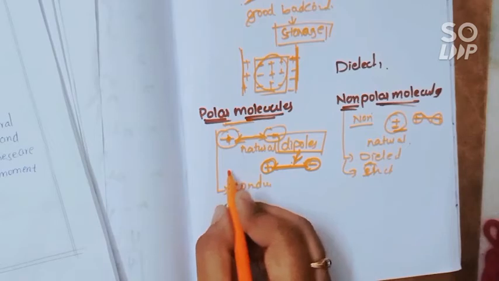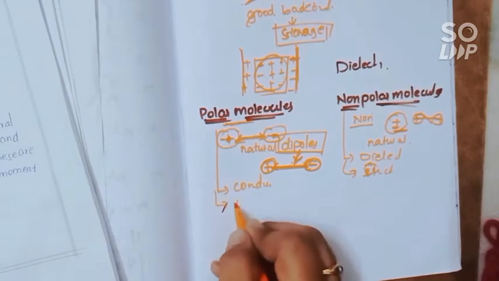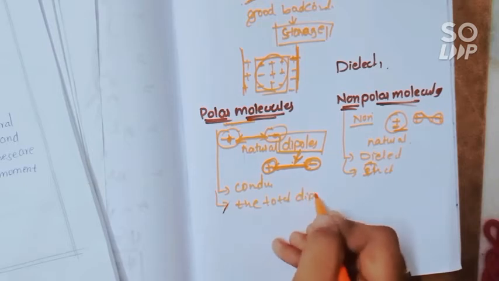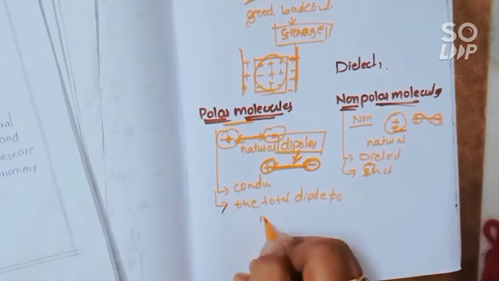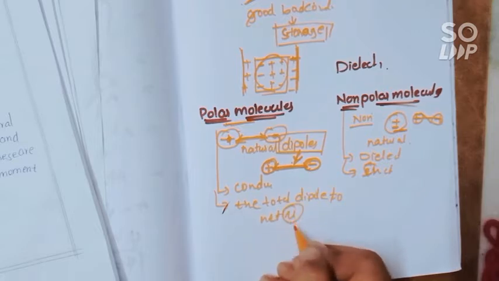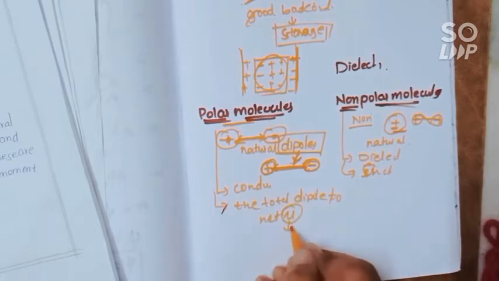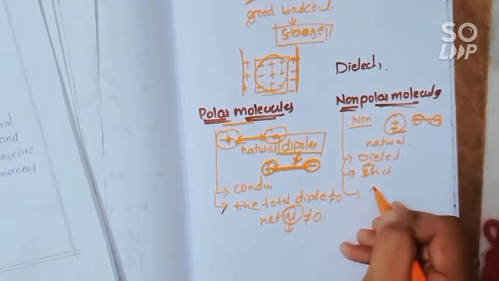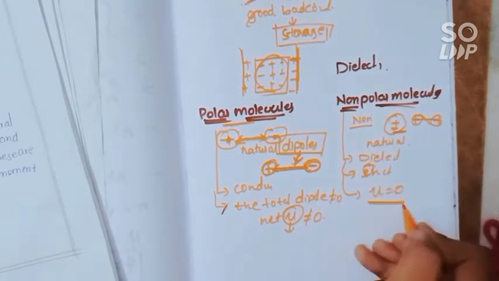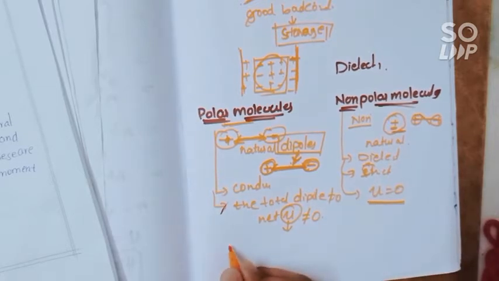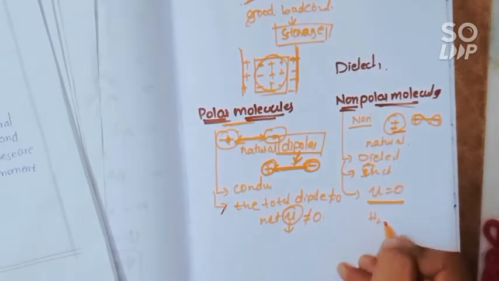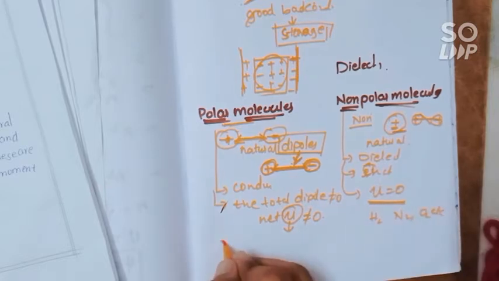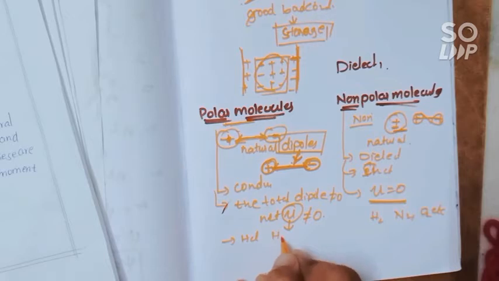In polar molecules, the total dipole moment, denoted by μ, is not equal to 0, whereas in non-polar molecules, μ is equal to 0. This is the difference. Examples of non-polar molecules are H2, N2, O2, etc. Examples of polar molecules are HCl, H2O, etc.